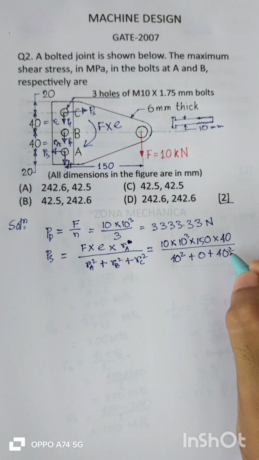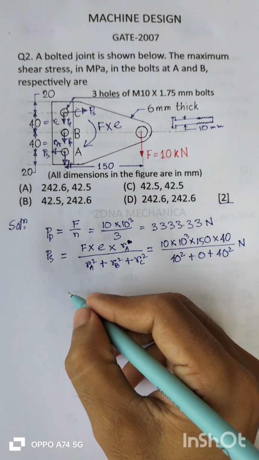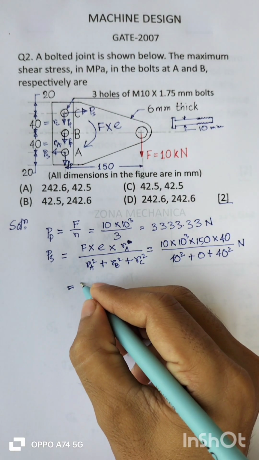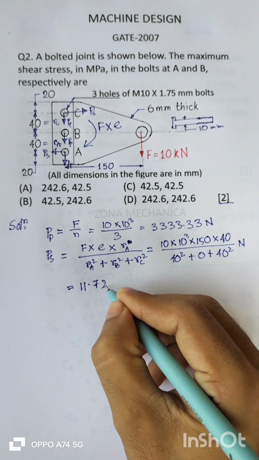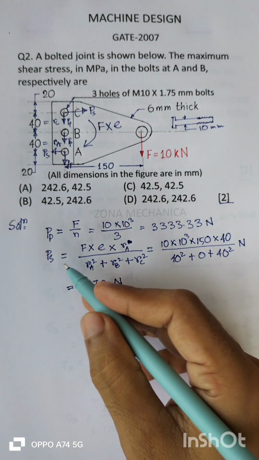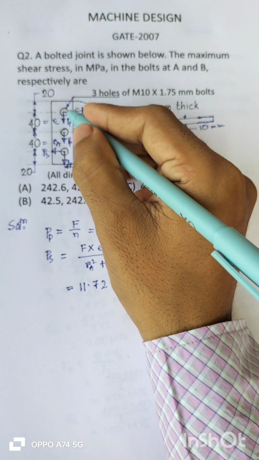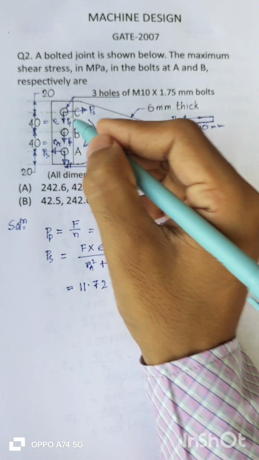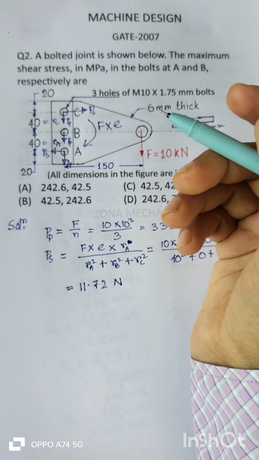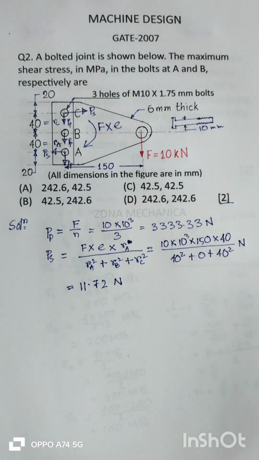Clearly this is also mm square, so it will be in Newton only, right? So this will come around 11.72 Newton. So this is the secondary shearing load which will act at A and C. Not in B, since the distance of B from the CG is 0, so RB will be 0, so PS for B is 0.